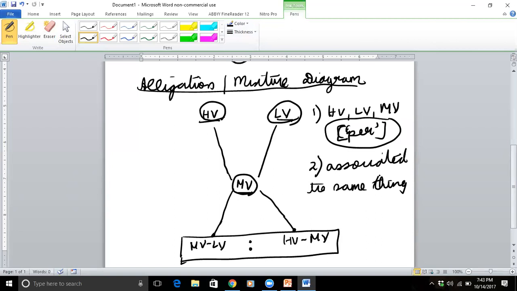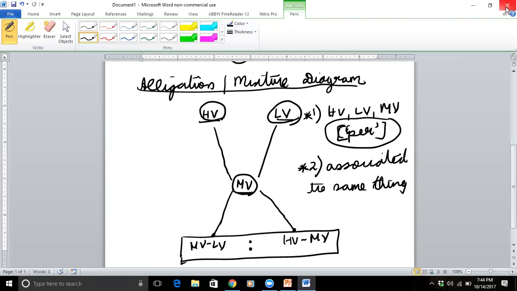If you're using prices per fruit or prices per piece of vegetable, you're going to use price, price, price. If you're going to use fractions of copper, you use fraction of copper for higher value, lower value, and mean value. So they have to be associated to the same thing. This format of the alligation and the mixture diagram and these 2 points are very important for you to think about using this procedure to solve the weighted average concept.